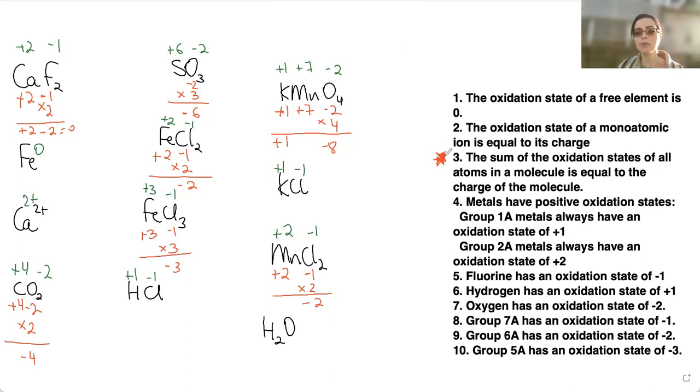So those atoms will be heavily affected by the atoms that they're bonded to, by the composition of the molecule. So in this molecule, manganese has an oxidation state of +2, and in this one, it has an oxidation state of +7.